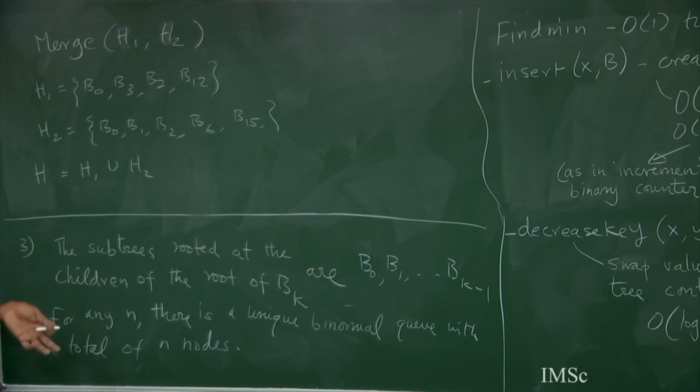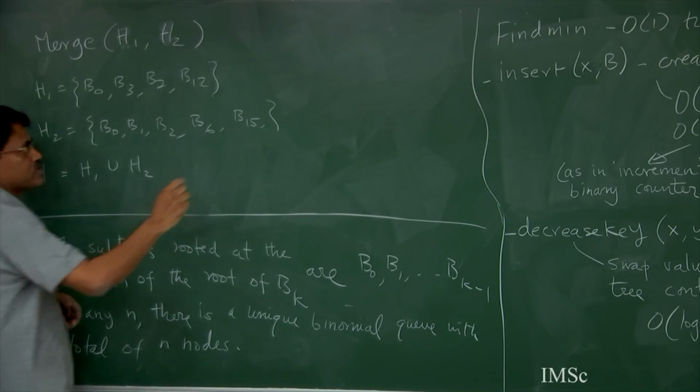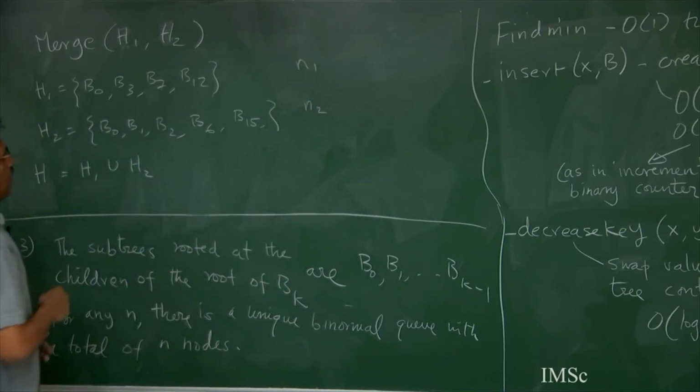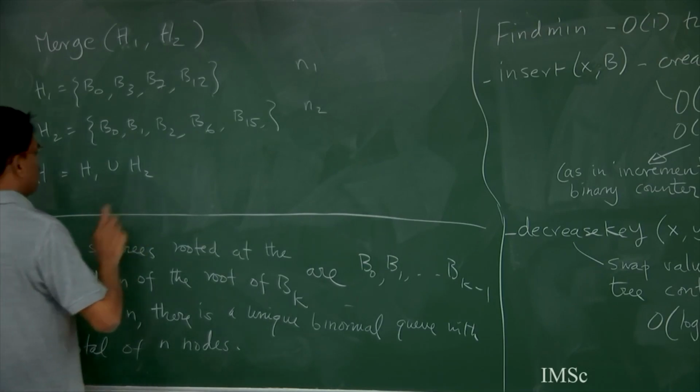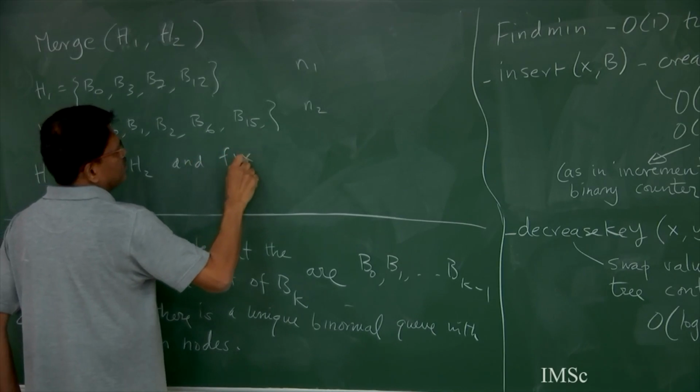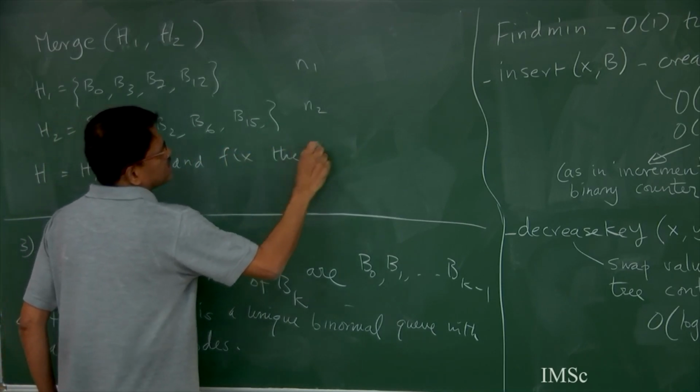There may be another Bi plus 1, link them, and so on. So how much time in the worst case? Suppose this has n1 values and this has n2 values. And then fix the Bi violations.